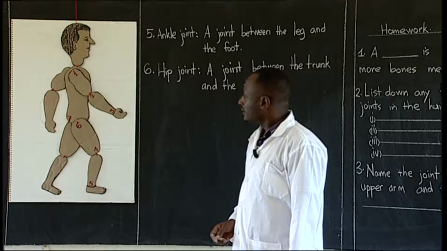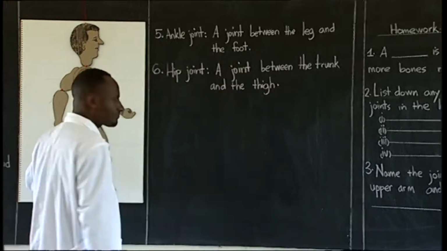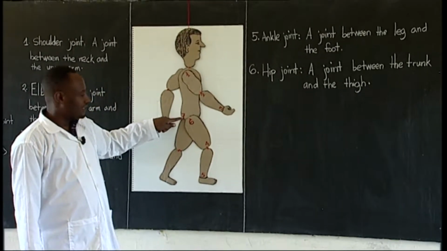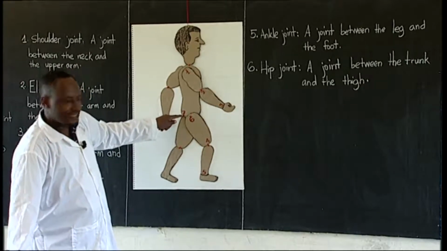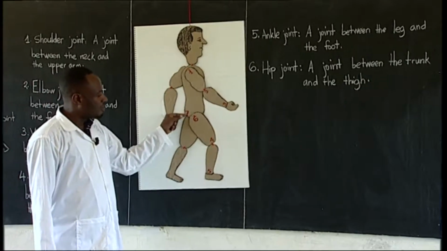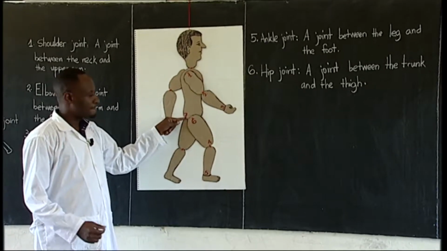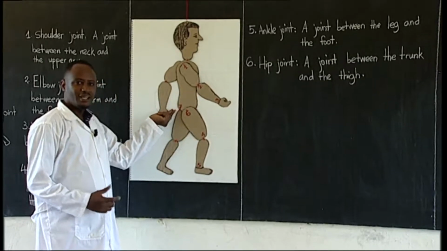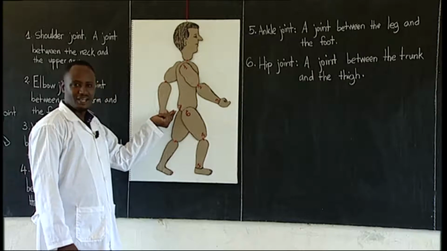I think we also have another joint here. This one now, as you can see, is where the tail bone is. Humans don't have tails, but there is a point where a tail would have grown if a person had a tail.